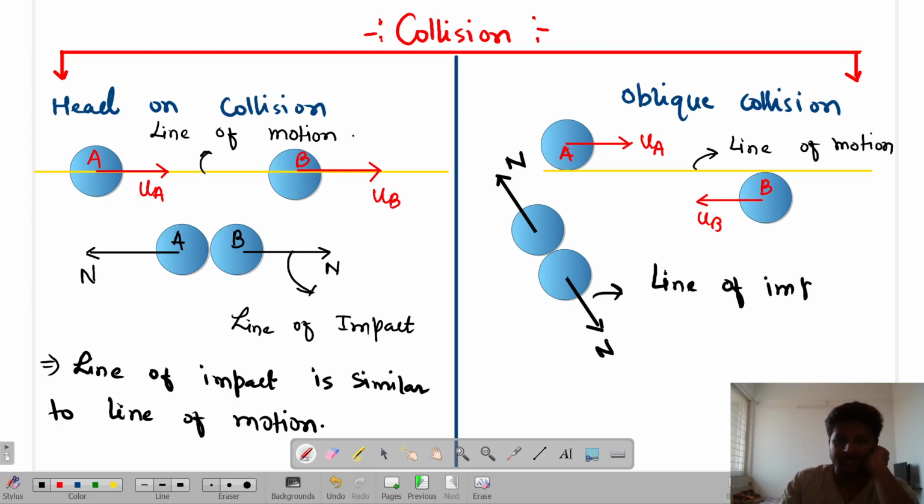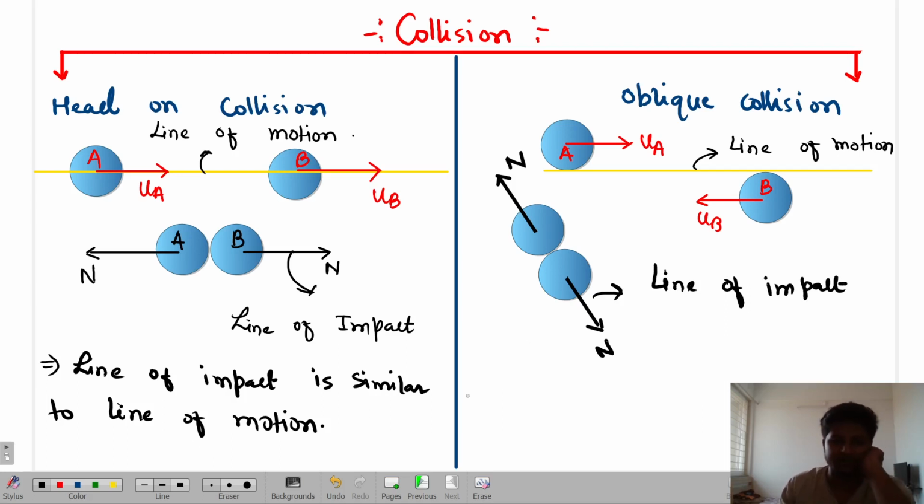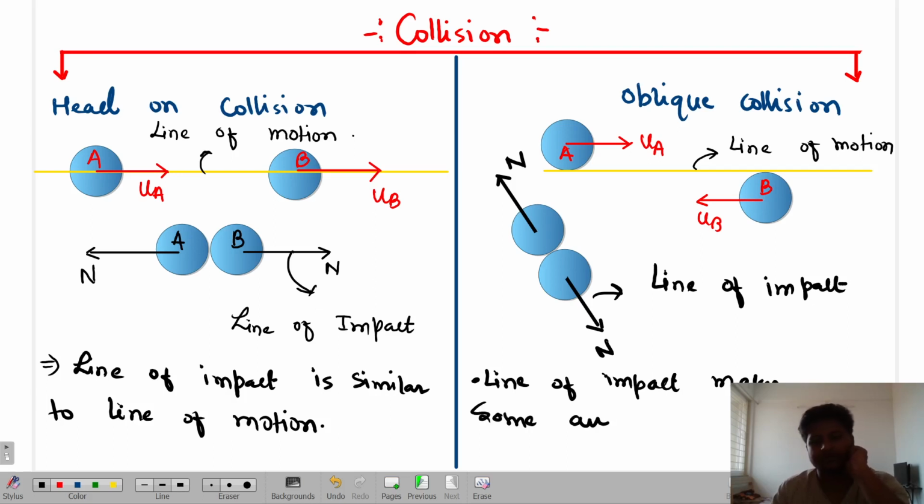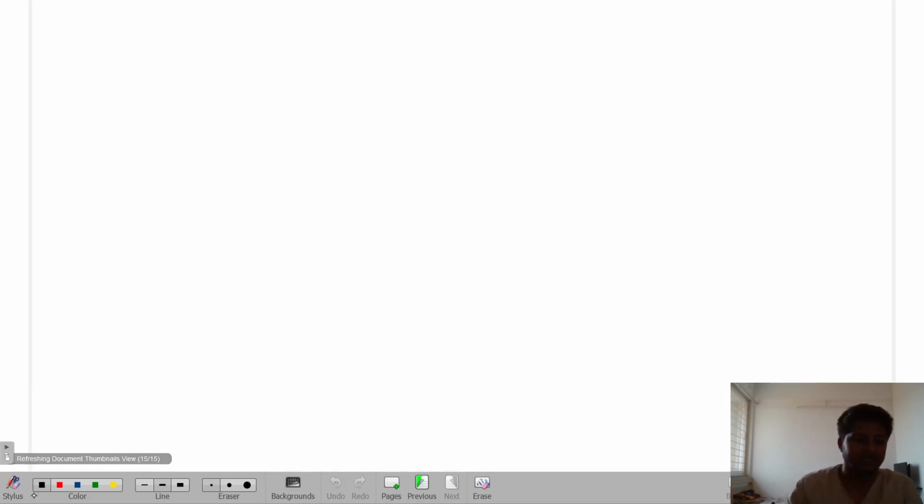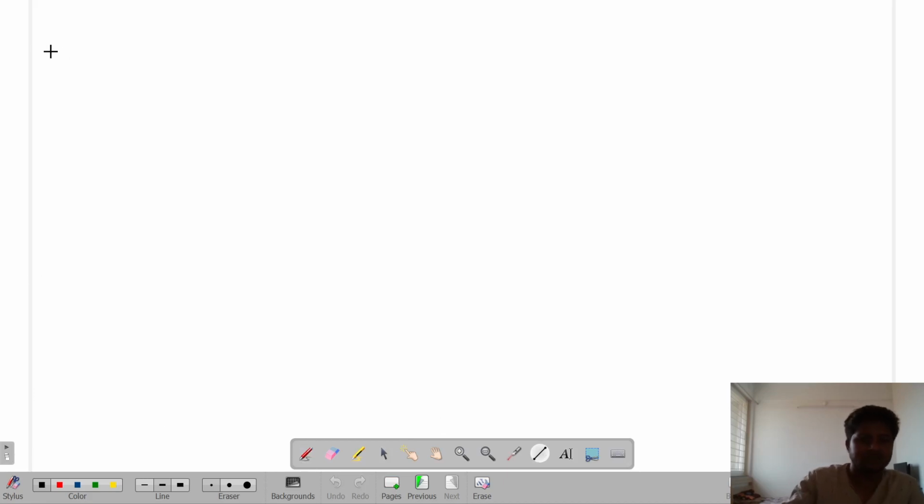So oblique collision is that collision in which the line of impact makes some angle with the line of motion. Is my point getting clear? Okay. So based upon this, we consider our collision.